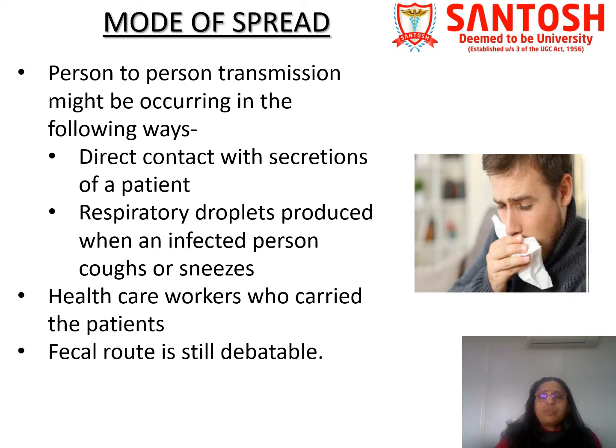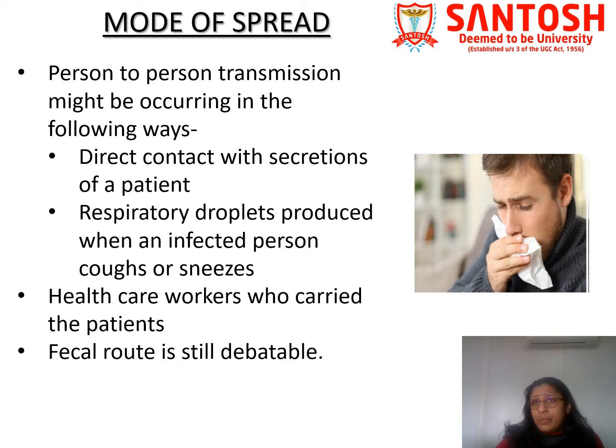The mode of spread of COVID-19, the novel coronavirus, as our understanding grew during the pandemic, has been identified as person-to-person transmission that may occur due to direct contact with the secretions of the patient, or through respiratory droplets produced when an infected person coughs or sneezes, which could be airborne.